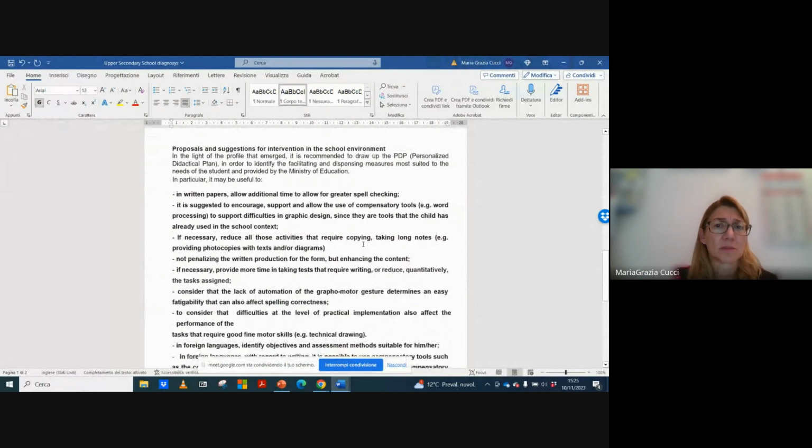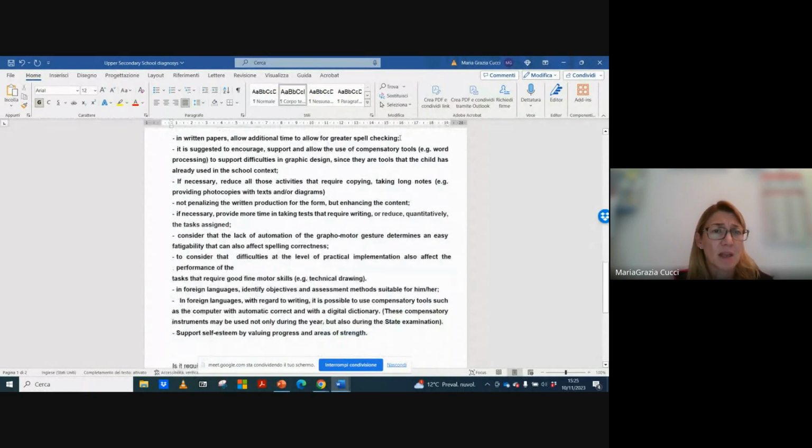So inside the diagnosis, we also have some proposals and suggestions for intervention. In written papers, allow additional time for greater spell checking.